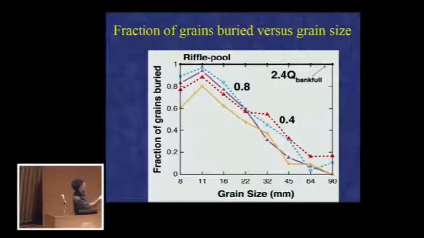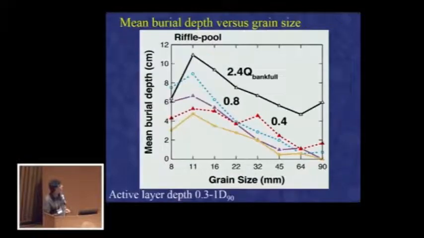The large event that we had, which is 2.4 bankfull discharge, mobilized all of the particles, 100%, and they actually ended up all buried. Two events after that, the same proportion appeared on the surface, which means that the system kind of became in equilibrium.